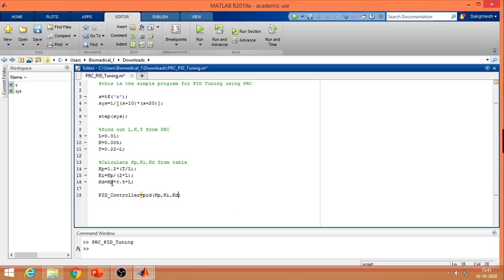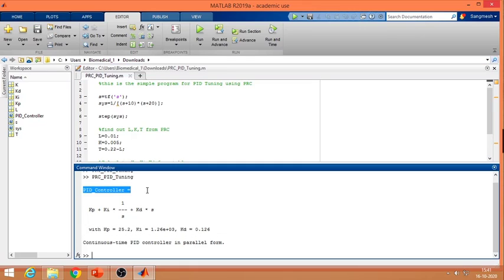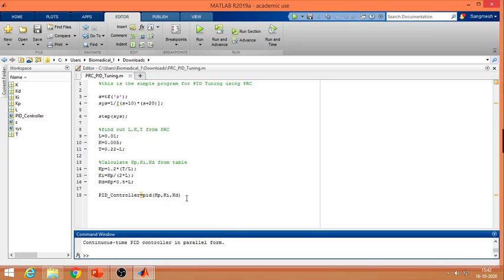So these three variables I am passing. Now let's save and let's run it. So what we are getting, see here, this is what the PID controller is, and these are the three parameters Kp, Ki and Kd. It is a continuous time PID controller in parallel form. We have three forms: parallel, series and ideal one.